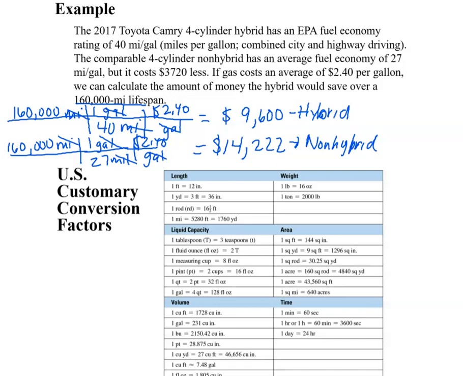Okay, but if you'll look back, we paid $3,720 less for that one. So just on the gas, if we look at the money we're saving on the gas, $14,222 minus $9,600, we're saving $4,622 just on gas.